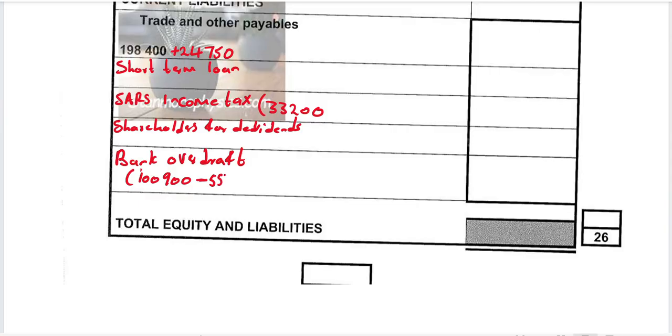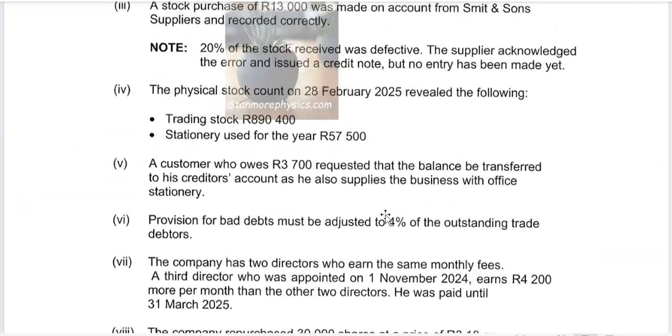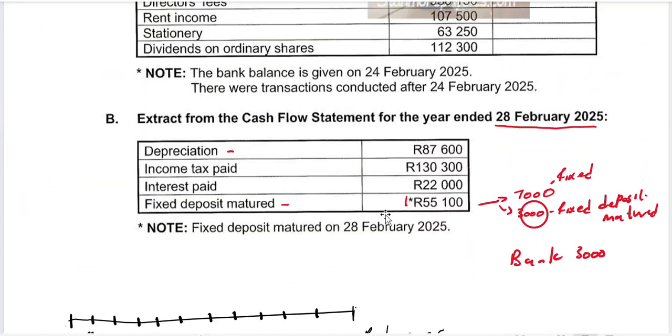This 5,000, it was 5,100. Do you get me? It is reducing the amount that we were owing the bank. You see, it is reducing our liability. Do you get me, guys? I don't know whether you understand, but as time goes on, I hope you will understand. So, okay. Then they say fixed deposit, March 128.